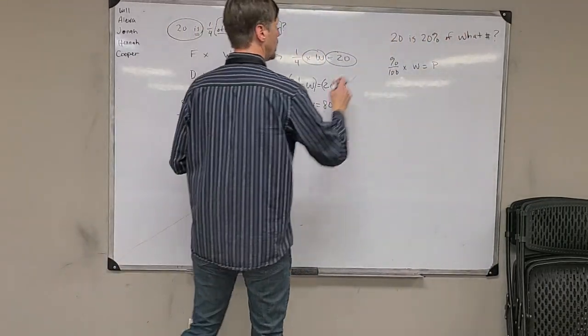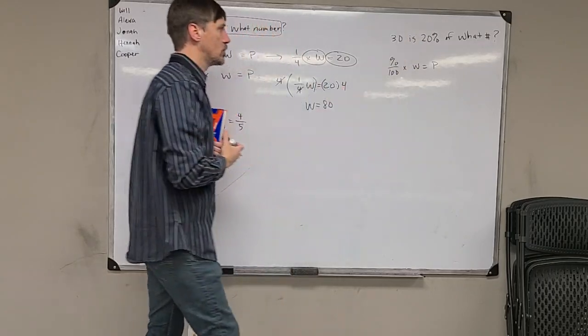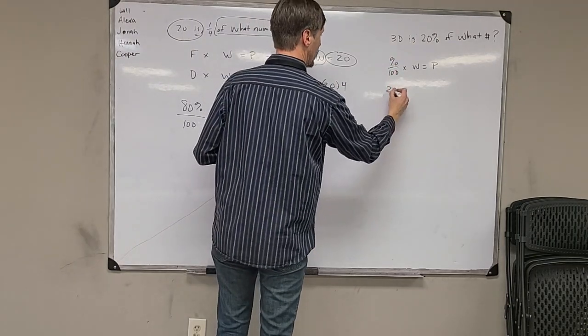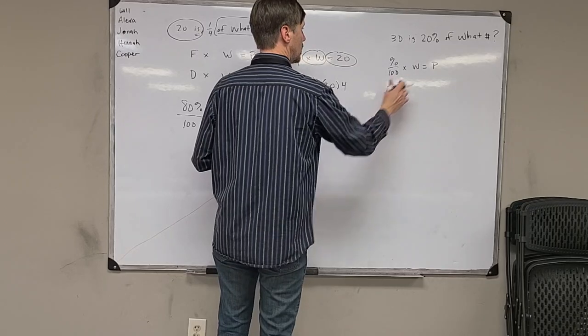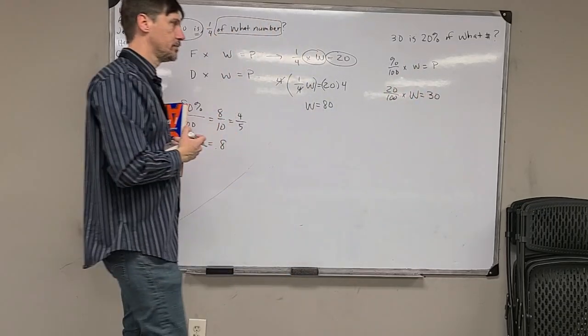Okay? So that it won't be confusing to you, let me make this 30. 30 is 20% of what number? So I'm going to plug in the percent part right here. I'm going to say 20 divided by 100 times the number that we're trying to figure out, and the part is the 30.